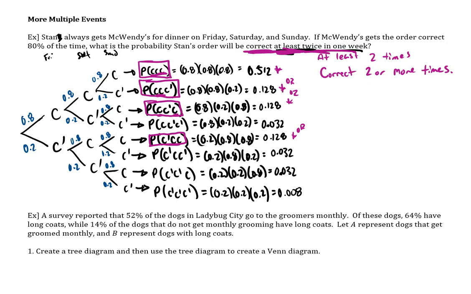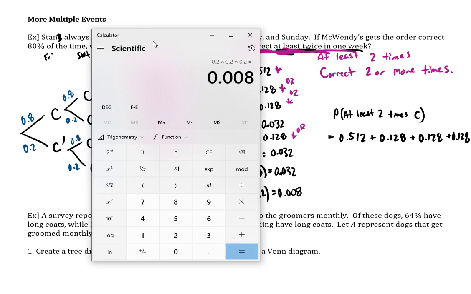And in our cases with these tree diagrams, with these multiple events, the OR part is telling you to add all of those probabilities for the final answer. So the probability of at least 2 times correct is equal to 0.512 plus 0.128 plus 0.128 plus 0.128. So there's 3 of them. Okay, so when I go to my calculator, I can add all these up now.